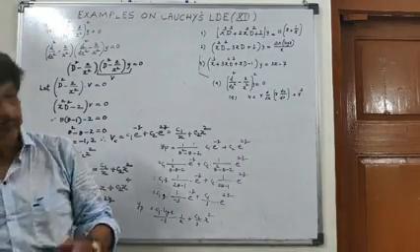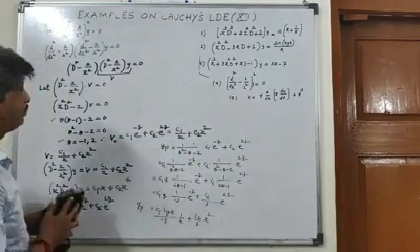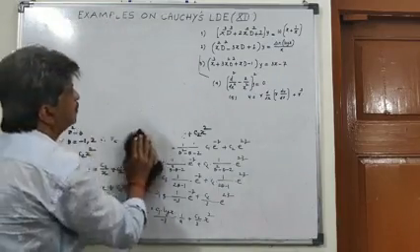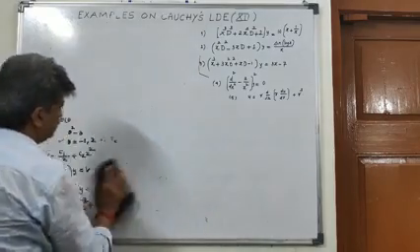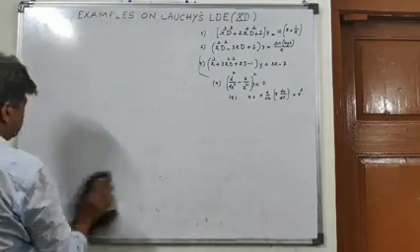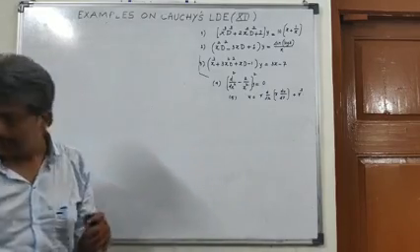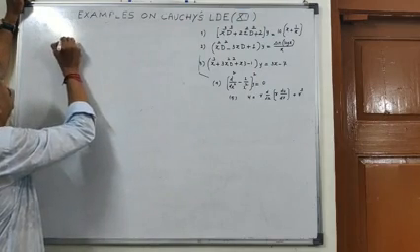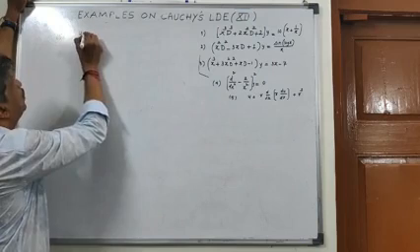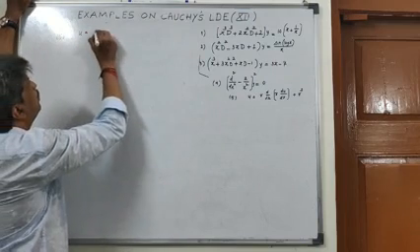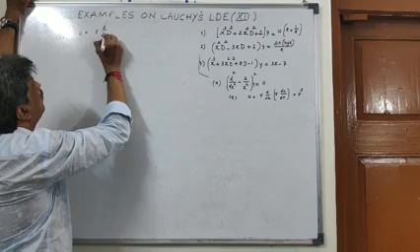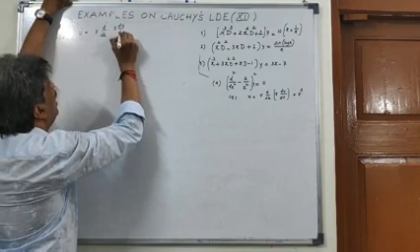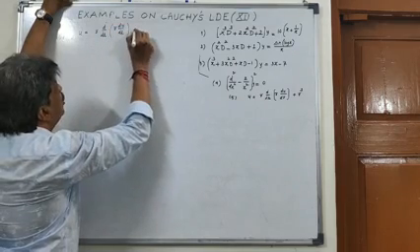Now, the last example. U is equal to r into d by dr, derivative with respect to r, of r into du by dr, plus r cube.